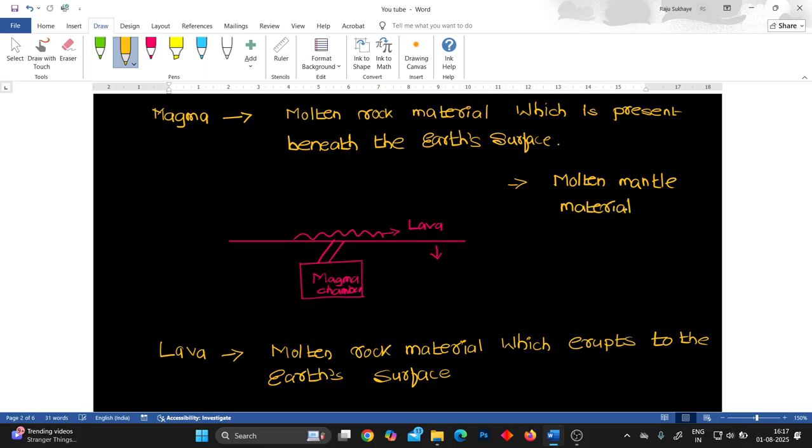This is another definition for magma; if not, you can call it molten rock material as well. But when the same molten mantle material comes to the earth's surface, we call it lava. So this was all about the definition of lava and magma.